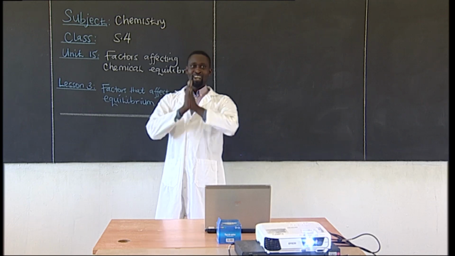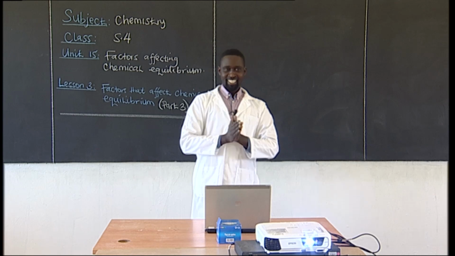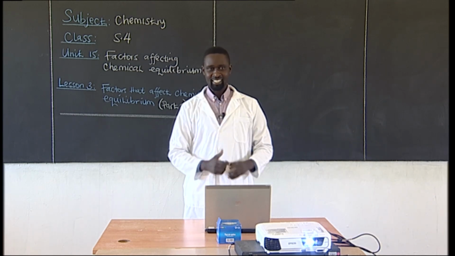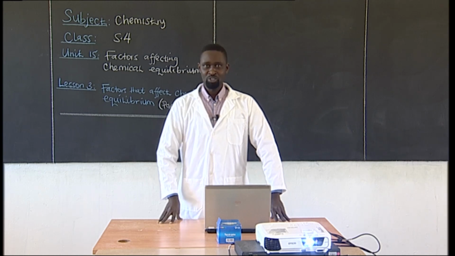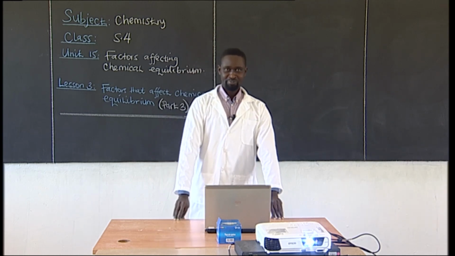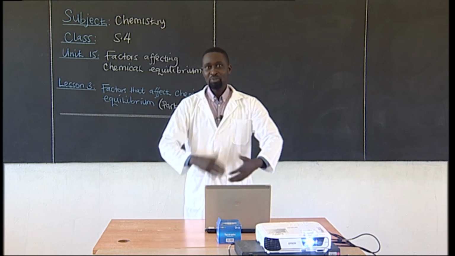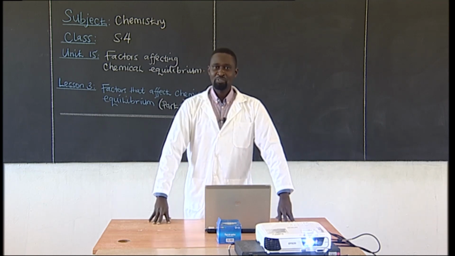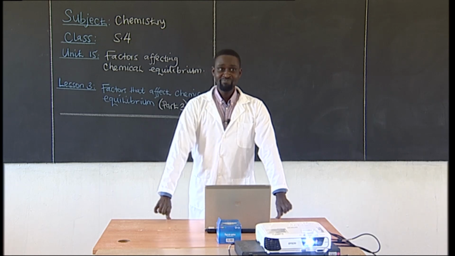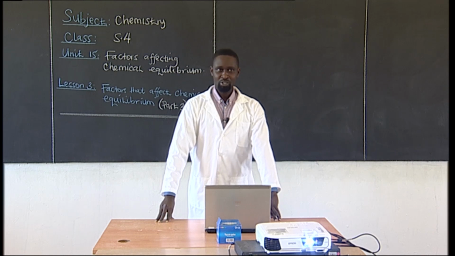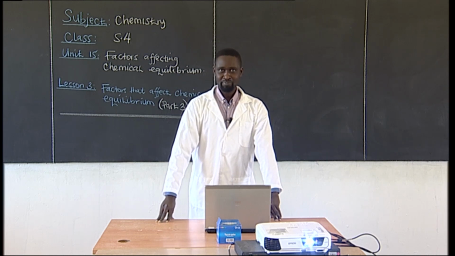So, if I can ask, how will an increase in pressure for that case affect the position of equilibrium? I need you to first guess, make a prediction, then we can discuss together. How would an increase in pressure affect the position of equilibrium in that case?